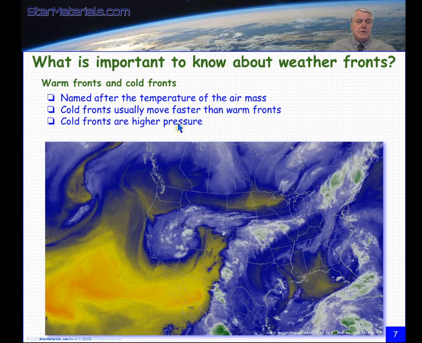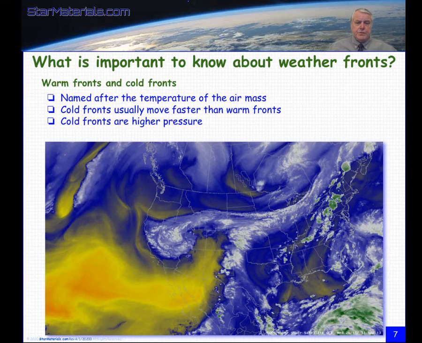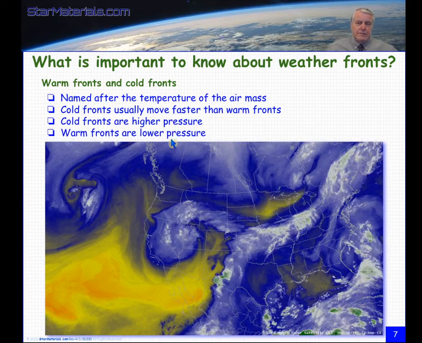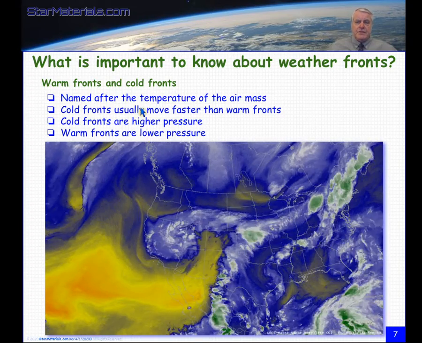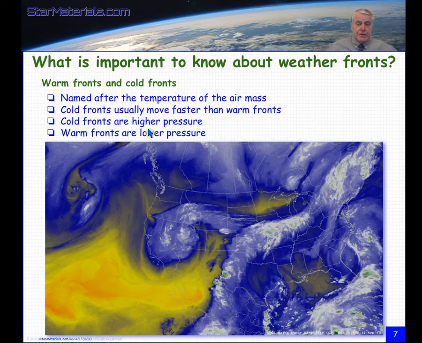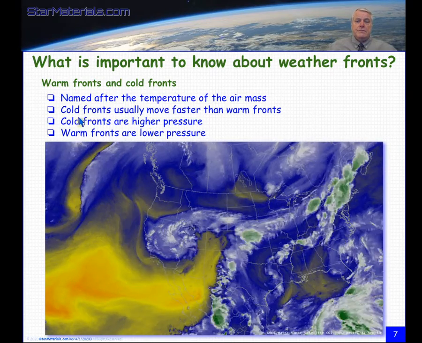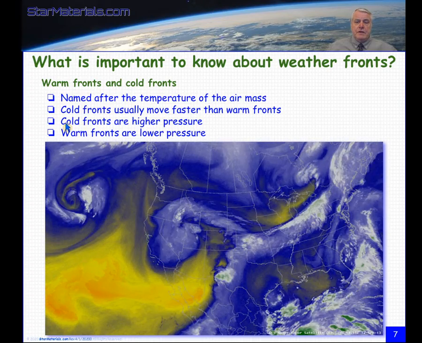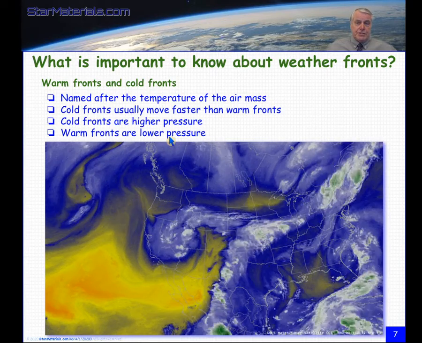Cold fronts are higher pressure, more density. And the warm fronts have lower pressure. So you have differences in temperature and pressure. Cold fronts move faster. Cold fronts have higher pressure. Warm fronts have lower pressure.